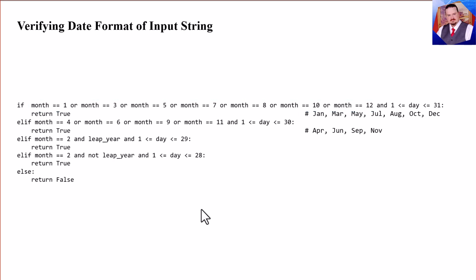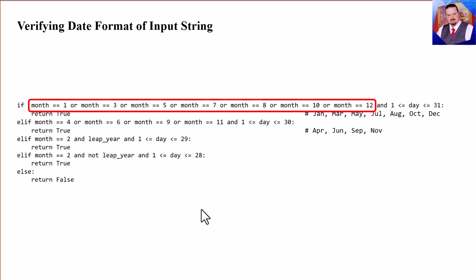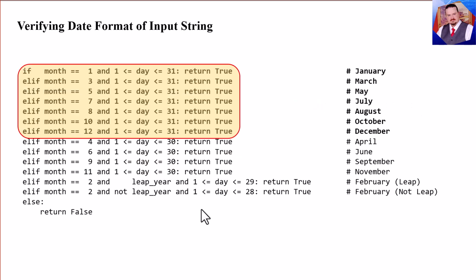We have the first 7 clauses being written in the if. Let's go back. Here we had the if followed by the 6 elif clauses. Let's see, the thing that makes it work is all these are the same, yet these are all different. So really we're saying if the month is equal to 1, or the month is equal to 3, or the month is equal to 5, etc., and the days between 1 and 31, then we want to return true.